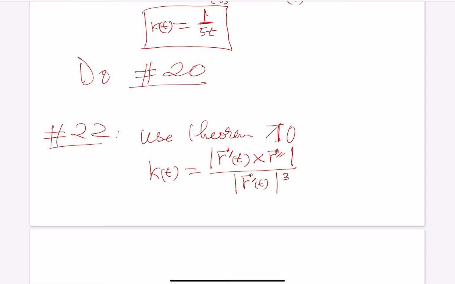But okay, let's do 24, because 22, if you check 22, it's nothing. You just have to apply the formula. But 24 is much more mindful. Let's jump to 24. If I do 24, I want you to do question number 25 and also question number 22.